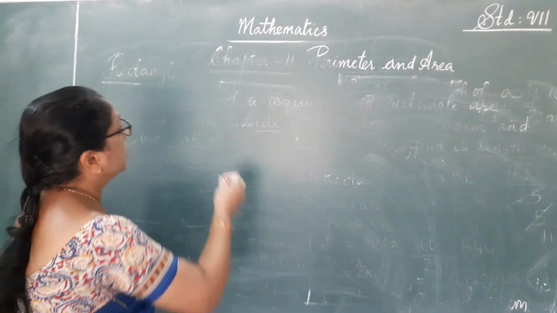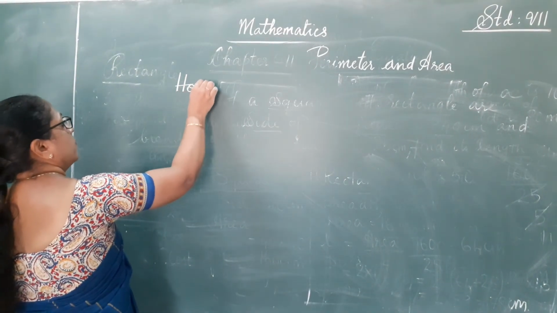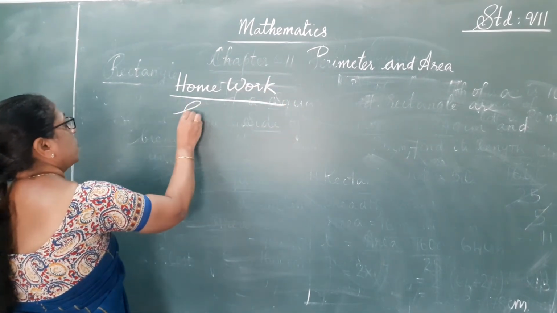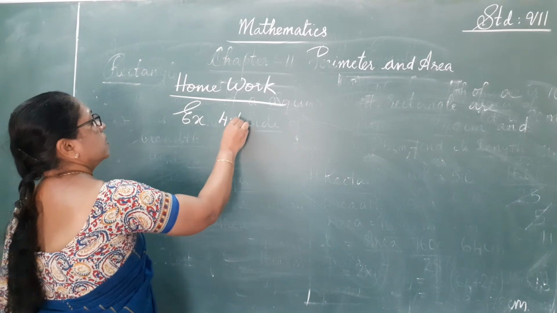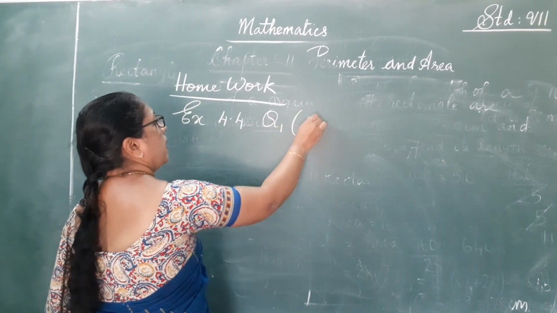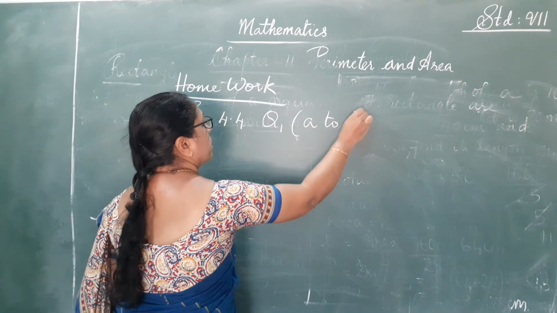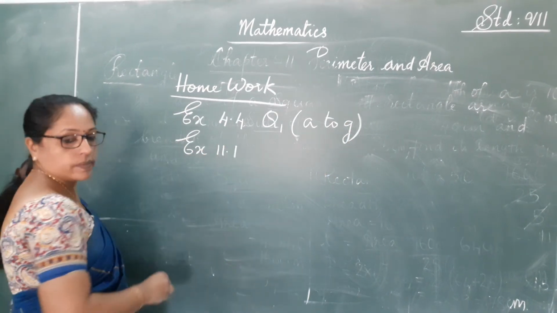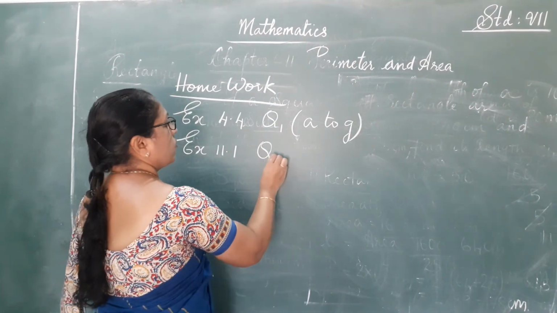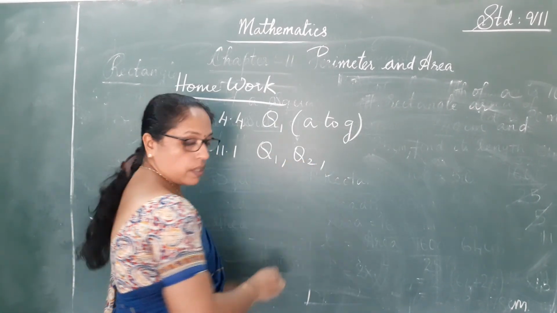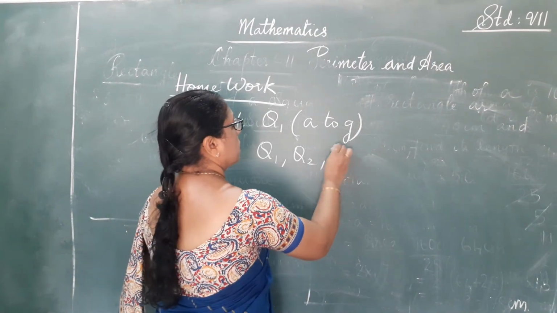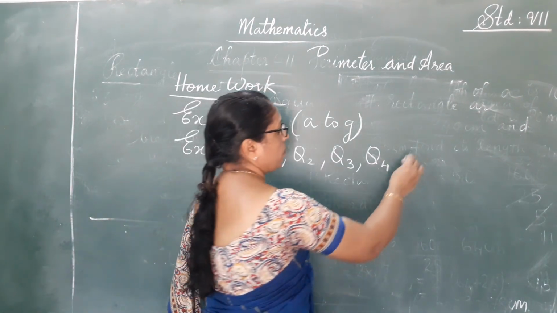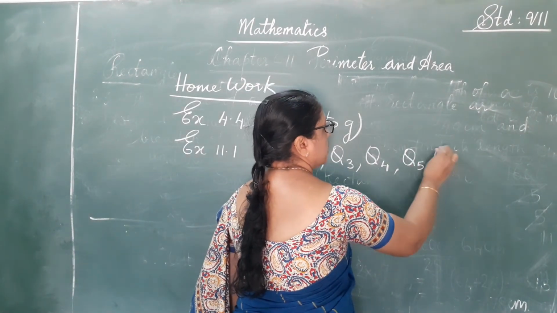The homework is: first homework was the simplification chapter, exercise 4.4, question 1, A to G. Now exercise 11.1, homework is question 1, question 2, question 3, question 4, question 5, question 7.